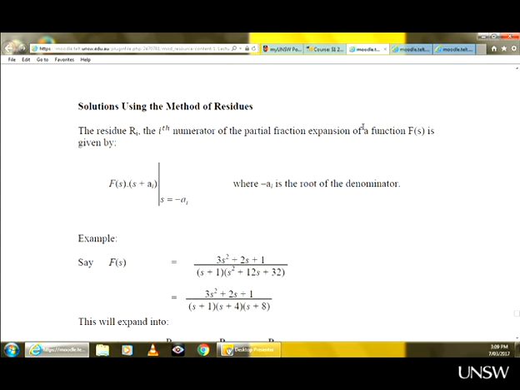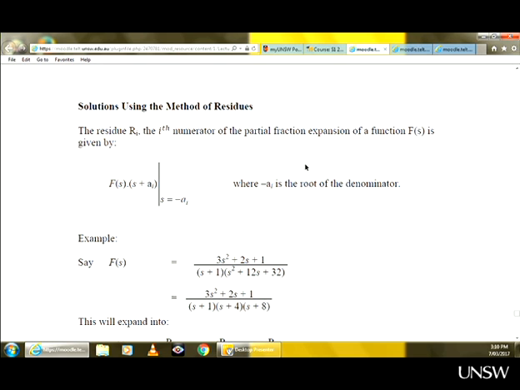If you have a function of s, which is usually the ratio of one polynomial in the numerator and one polynomial in the denominator, how can you find the inverse Laplace transform quicker than doing those partial fractions? Well, you have to factorize the denominator, and unfortunately, this method works only if all roots are real. The roots of the denominator have to be real and unrepeated.